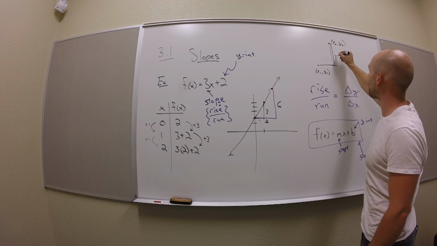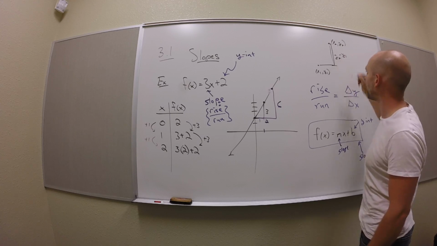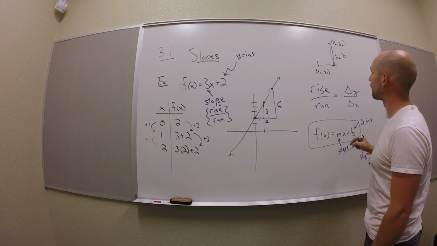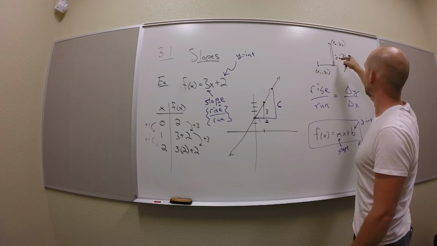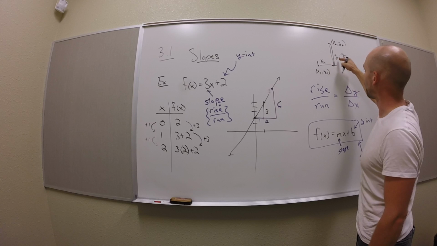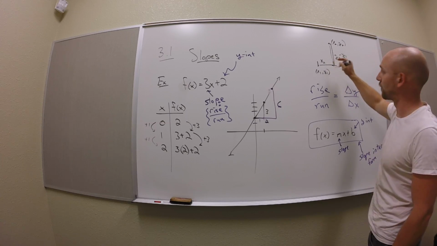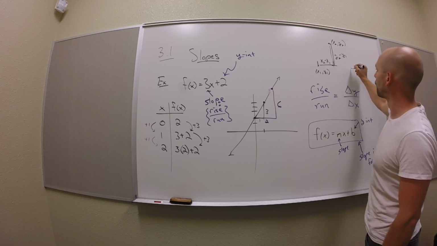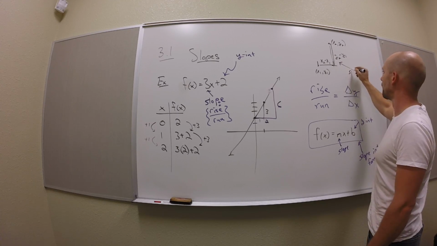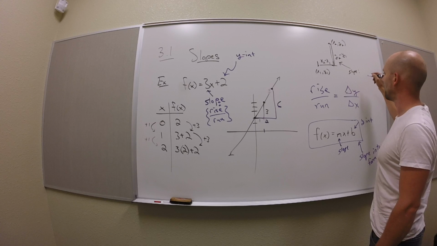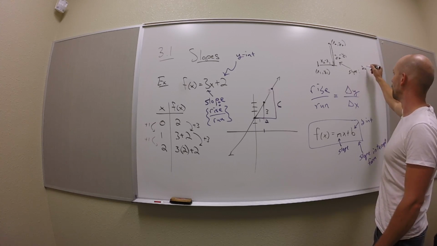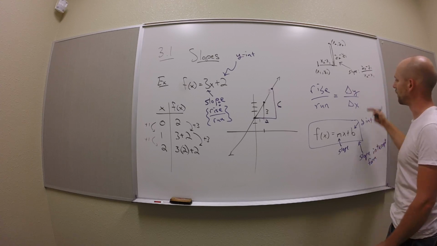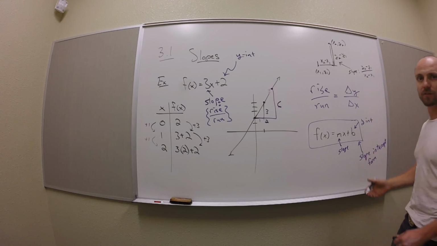So that's the high y, y2, minus the low y, y1. And then the change in x's, that's the first x. I started with y2 here, so I have to start with x2 there. And I should subtract x1. So my slope for this guy is y2 minus y1 over x2 minus x1. And see, that's change in y's over change in x's.